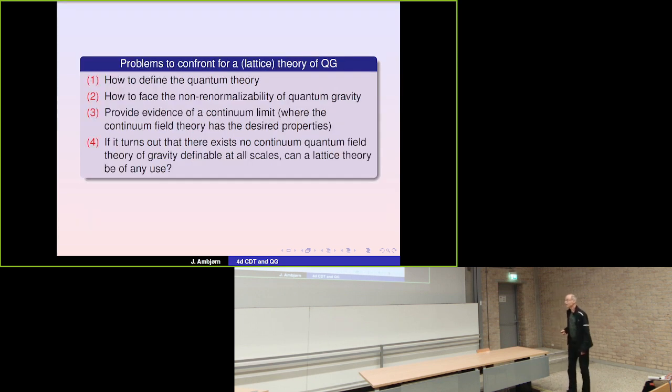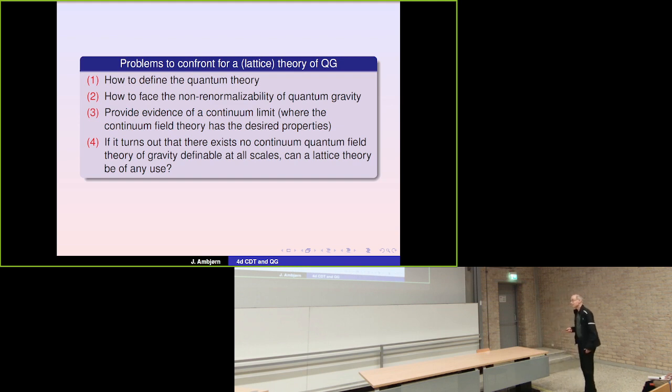But of course there are problems for any theory of quantum gravity and also for a lattice theory of quantum gravity. So I listed some of them here. Well, first of all, one should actually define this theory, and what we want is a real mathematical definition, like the path integral in lattice quantum field theory, where you have a functional integral which is well defined, but of course it's your task to prove that you can take some kind of continuum limit of that.